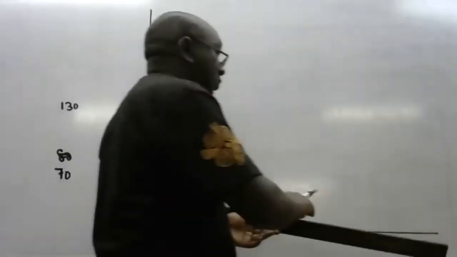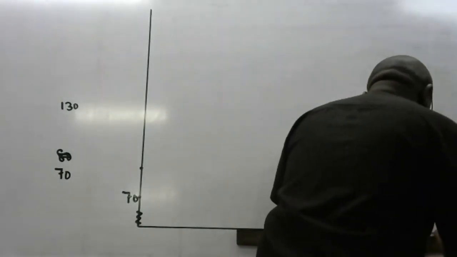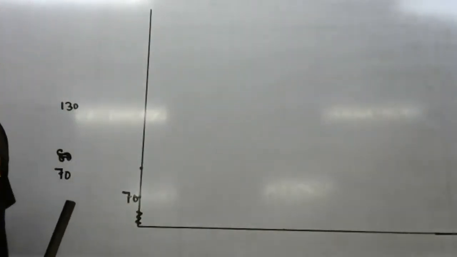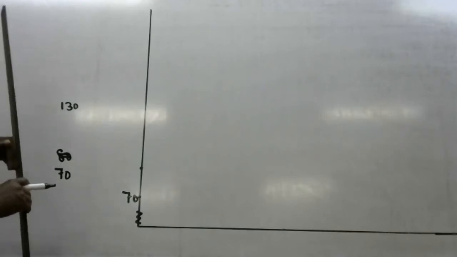10. So let's design a graph. And I told you when you're drawing a graph, if it's a very small one, it's half a page. So 70, that is 60.